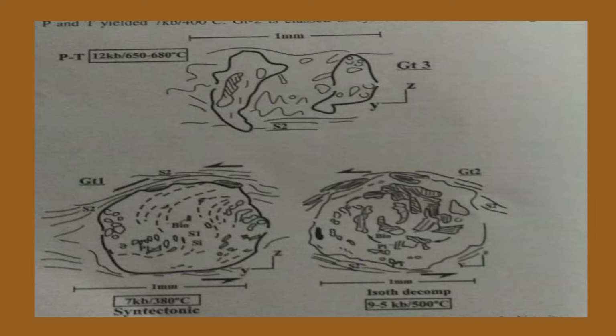These minerals have been identified from microstructural control along with composition of T by garnet-biotite thermometer and P by garnet-plagioclase-kyanite-quartz from garnet core and rim composition.